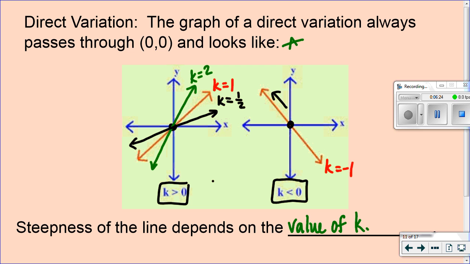So the graph on the left, as I increase my constant of variation in the positives, my line becomes steeper. As I decrease that into the fractions, that becomes less steep. Now it's going to be the same thing over here. I just have negatives instead. So the K equals -1. And just like in my other one, if I do K equals -2, that line is going to become steeper.